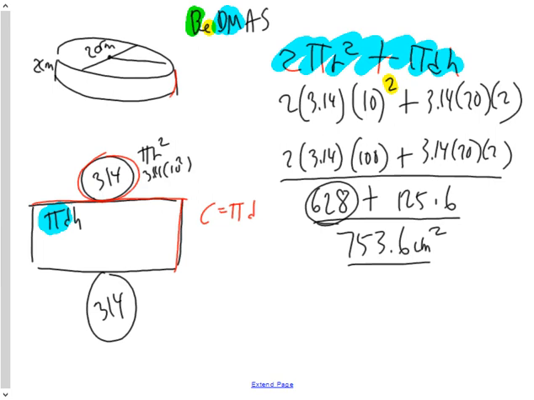So the reason why we have this here is because it is the height. So pi dh would be 3.14 multiplied by the diameter multiplied by the height, which we already know is going to give us, because we just worked it out, 125.6. And when you add all those together, you'll end up with the final answer of 753.6.